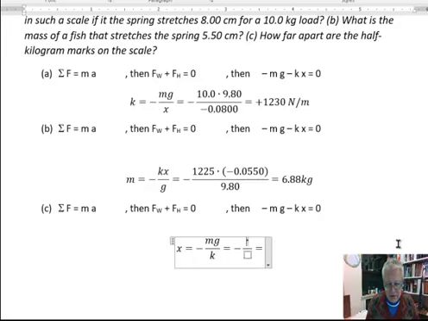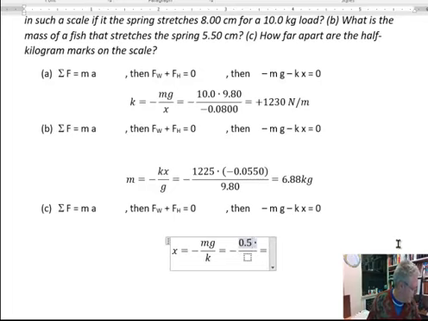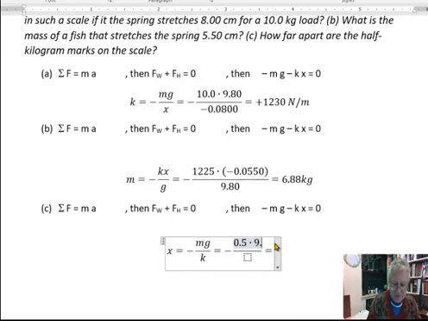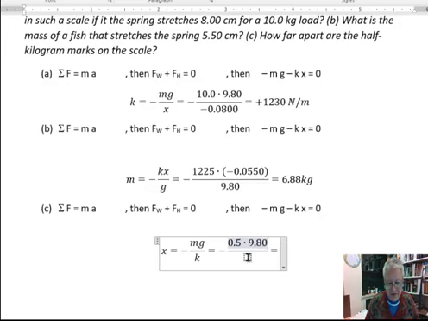And now I'm going to plug in the numbers. And let's see, mg, oh yeah, that says 0.5 kilograms right there. A half kilogram mark on the scale, and they don't say that it's any more accurate than that, but all right. Times 9.80, divide by the k, 1225.